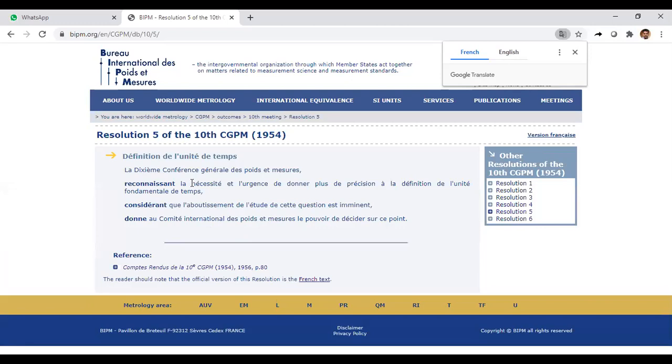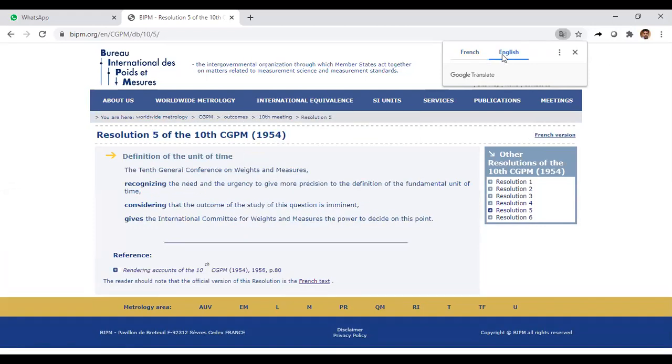Resolution 5 is how to define temperature. All this is in French. The official version is in French text. If you want to go into English, we will go to English.